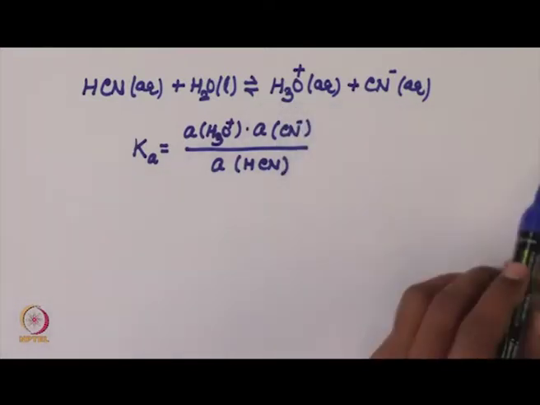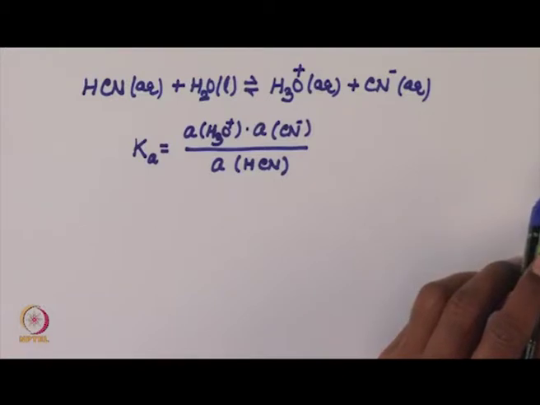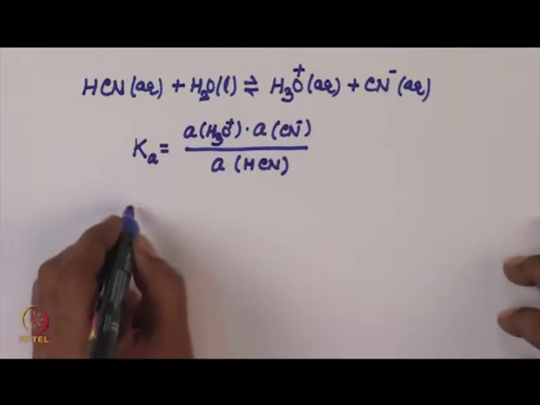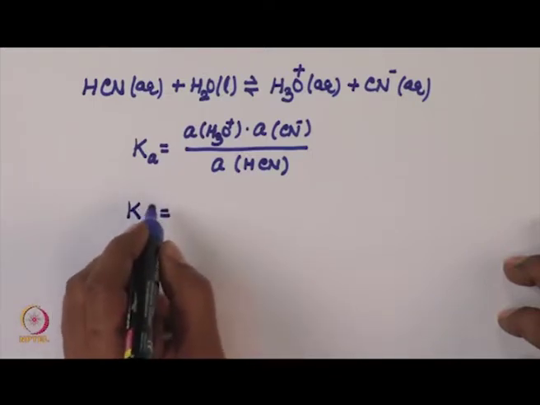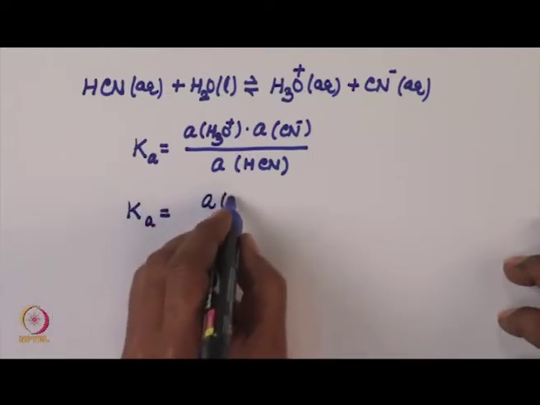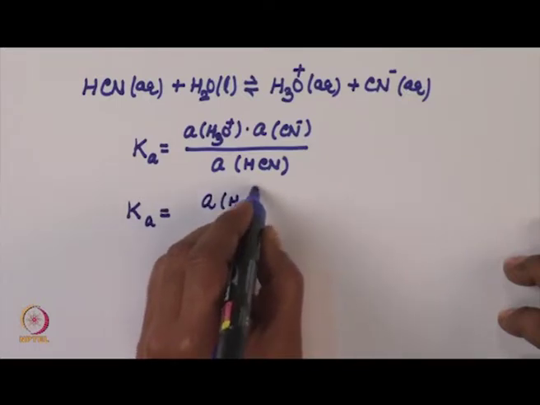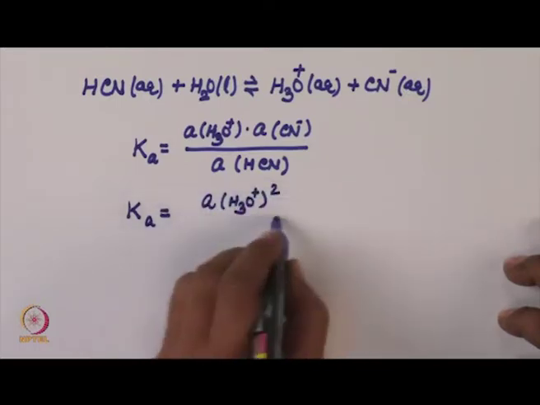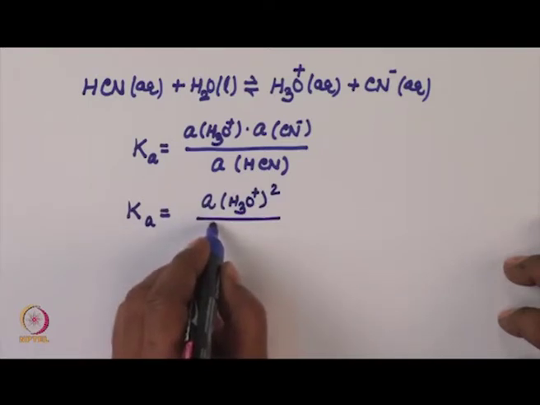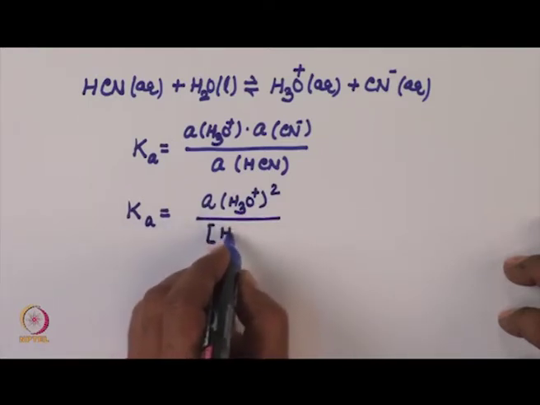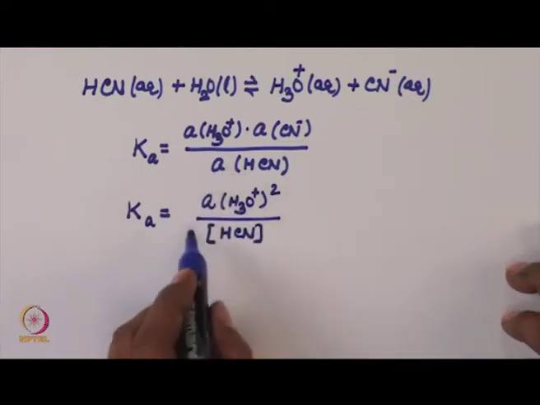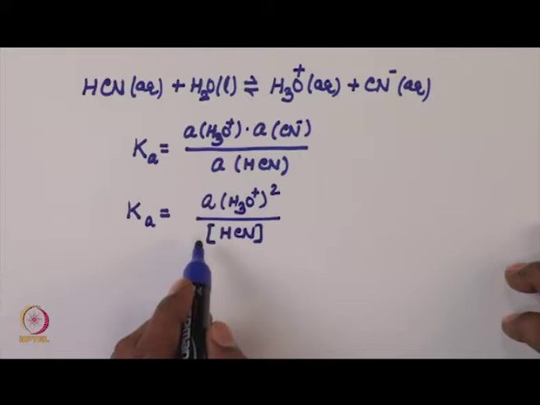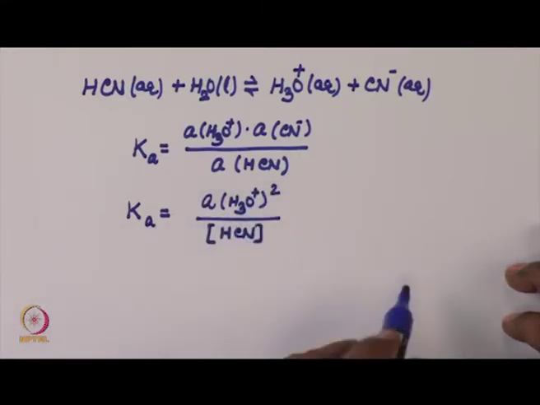It is 1:1 ionization over here. So, I can write Ka is equal to activity of H3O plus square over the concentration of HCN, because I am making use of the statement that I can treat the activity coefficient to be close to 1 for HCN.